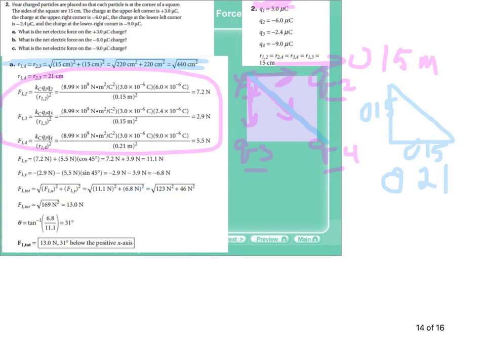Then, using the 0.21 and 0.15 as distances, and the charge values that were given, we find the force between points 1 and 2, between points 1 and 3, and points 1 and 4, and we get these three values.